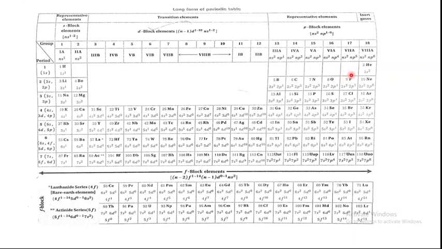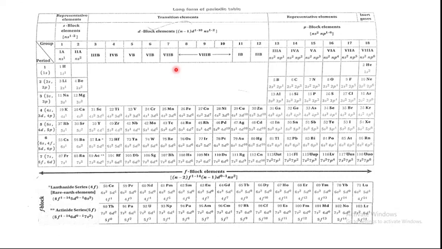Now we will deal with d block elements, where the last electron enters the d subshell. Its general electronic configuration is (n-1)d 1 to 10, ns 1 to 2. There is an important point here: transition elements.